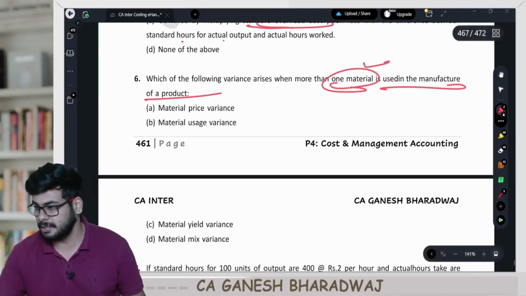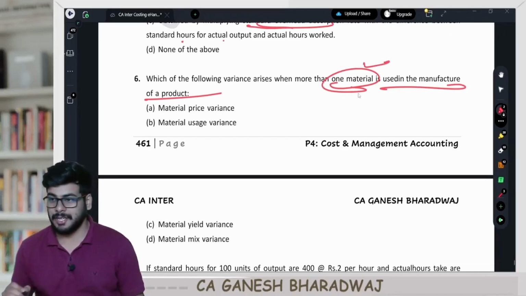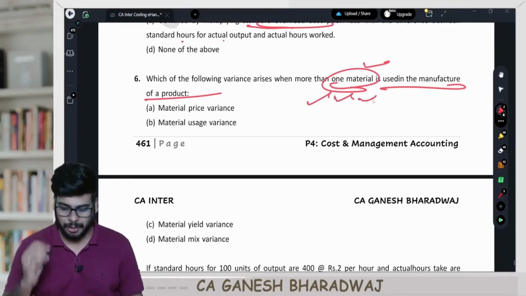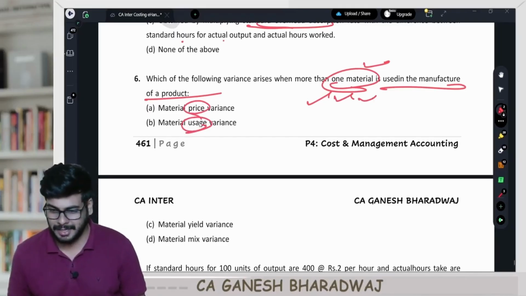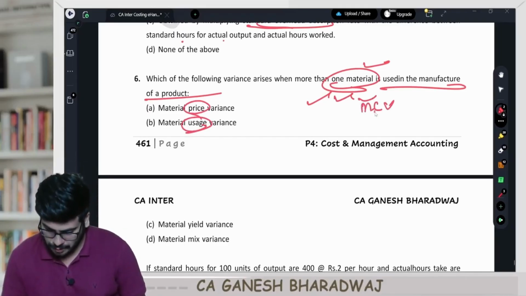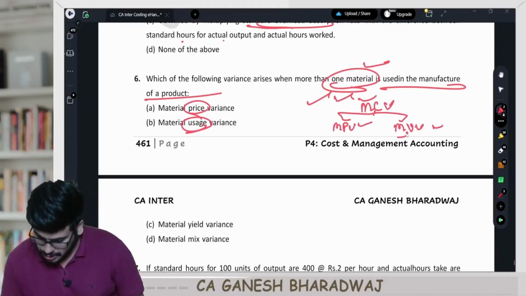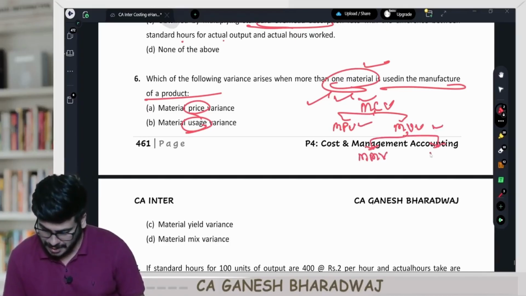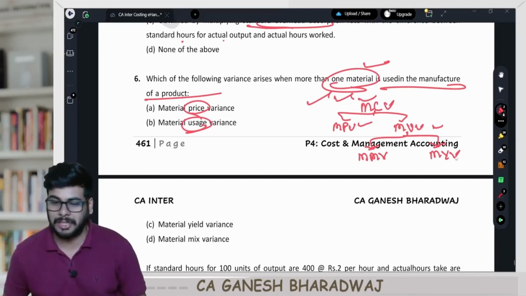Price and usage variance anyway will be there. So material cost variance has material price variance and material usage variance. This usage variance, I told you, will be classified into material mix and material yield variance. Now understand one thing.